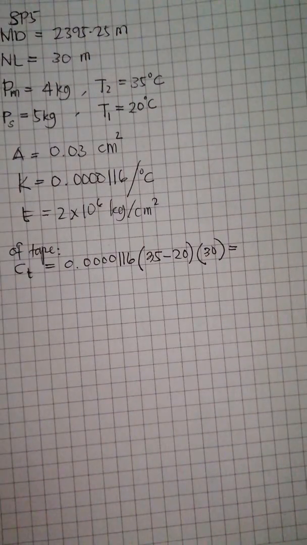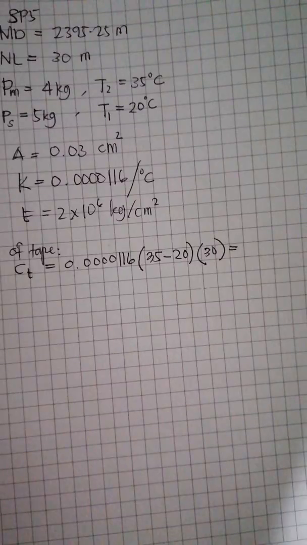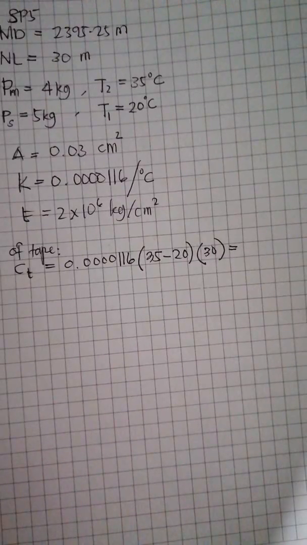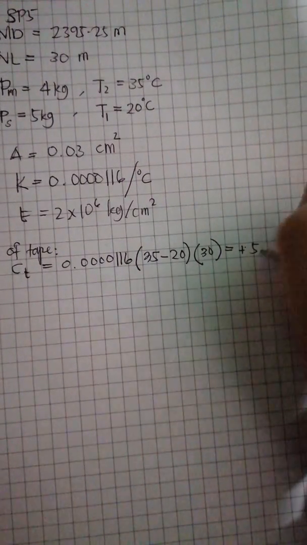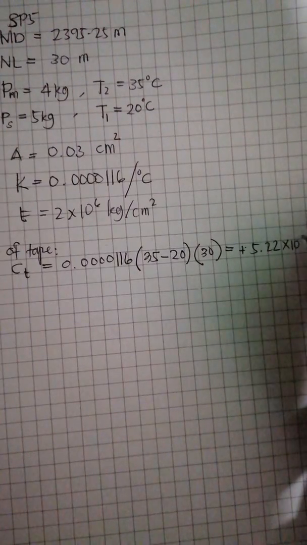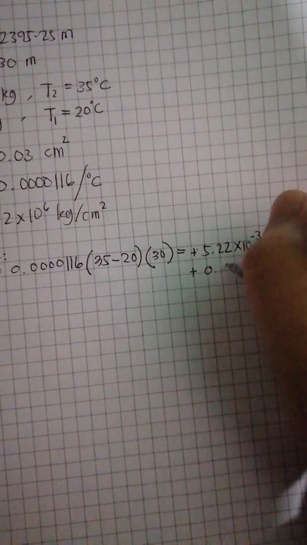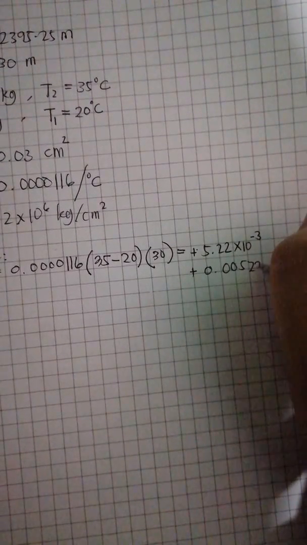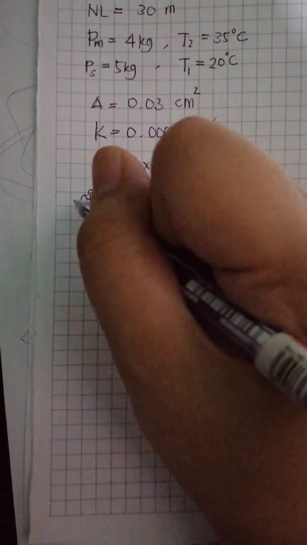So, the correction of the tape due to temperature is plus 5.22 times 10 negative 3, or that is 0.00522 meters. Okay. Yan yung number 1.